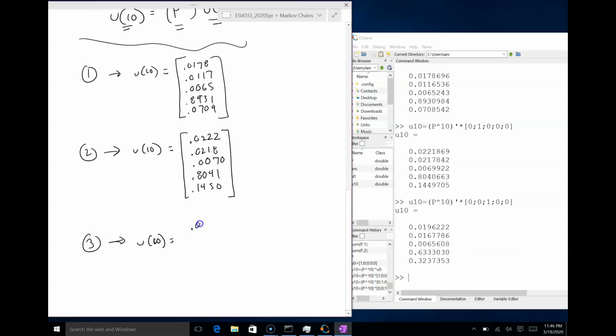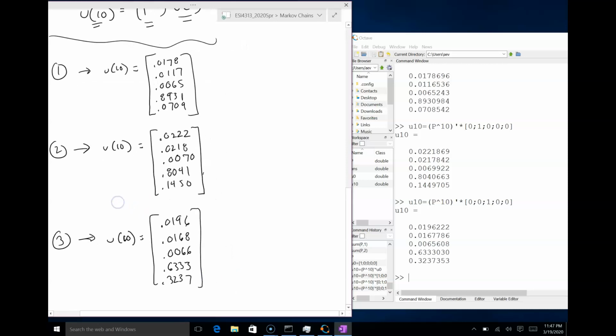And we get 0.0196, 0.0168, 0.0066, 0.6333, 0.3237. Okay, so this actually looks pretty different, right? These values are a bit different from the previous ones. So we do see where you start affects where you'll be in 10 steps.